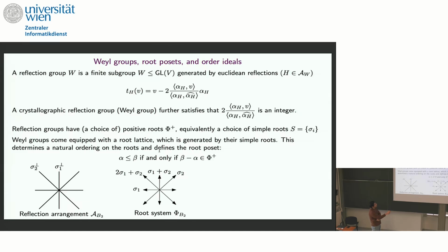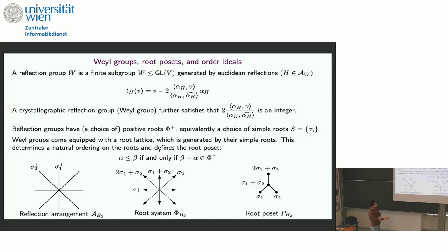So I'm going to focus on the Weyl group, where the crystallographic condition means that the coefficient that determines the reflection is an integer. And the things that we have in Weyl groups is the reflection arrangement here. Instead of the reflection arrangement, we can consider the root system, so the roots that define the reflection arrangement. But then we can keep track of the standard order between the roots, which means how you can write the non-simple roots as integer combinations of the simple roots.